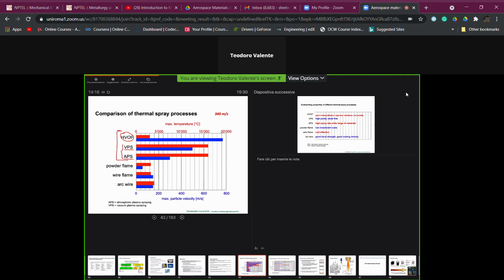Obviously, if we want to compare at a glance the plant cost, the execution cost of the process of vacuum plasma spraying with respect to air plasma spraying, we can expect that air plasma spraying is less costly than vacuum plasma spraying. We do not have the vessel, we do not have the pumping units, we do not have to control the level of void, etc.